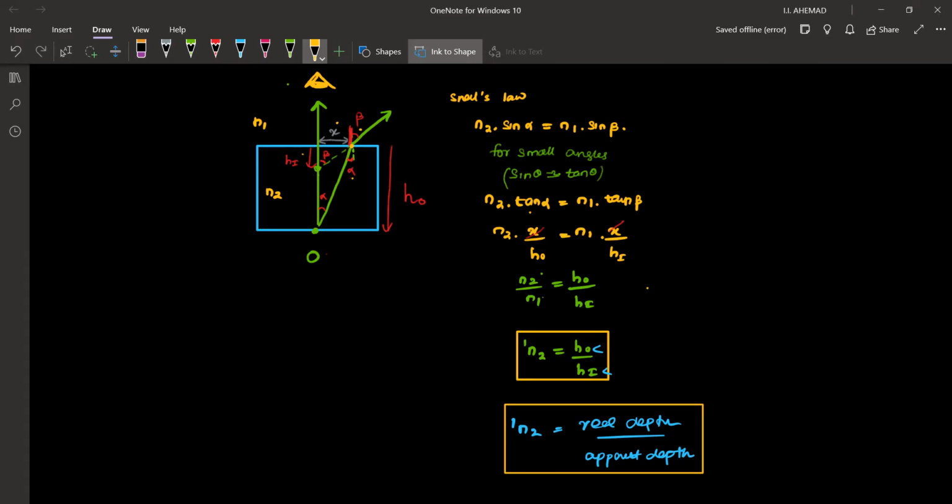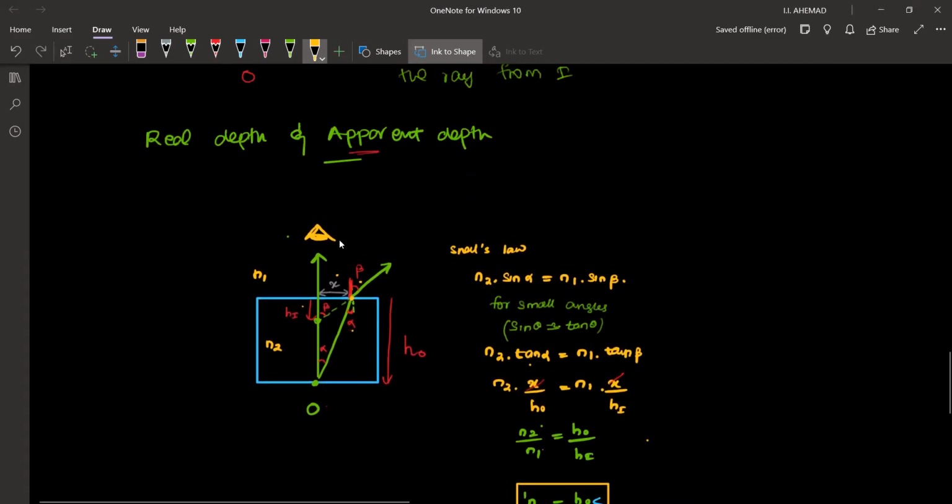So here, there are a few conditions that we have to remember. We made an assumption, right? The assumption is this is only true for small angles. So if this is true for small angles, this I has to be always placed upright to this object, not at any other angle.